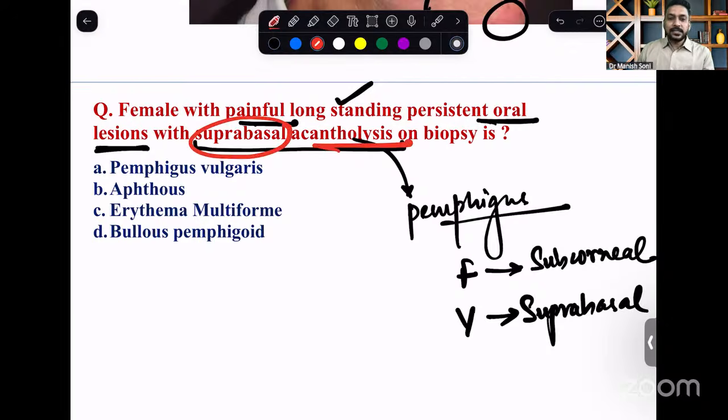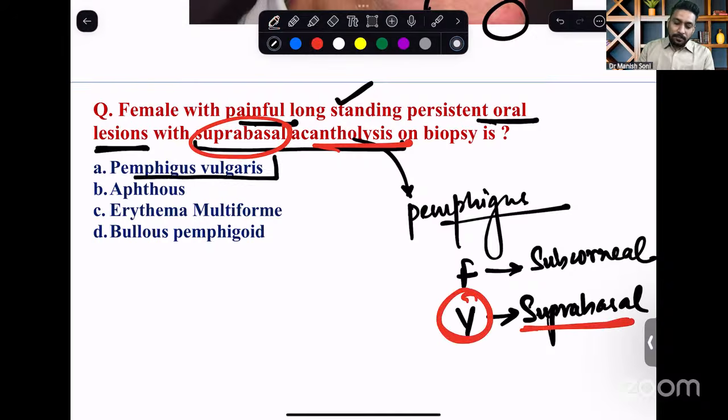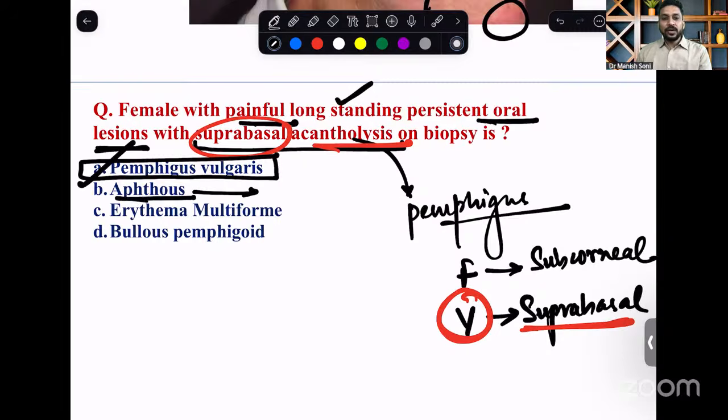Suprabasal acantholysis is a feature of pemphigus vulgaris. One of the options is pemphigus vulgaris here, so the answer becomes pemphigus vulgaris. Aphthous ulcer can present with painful oral lesions, but it is generally not long standing. They easily resolve.